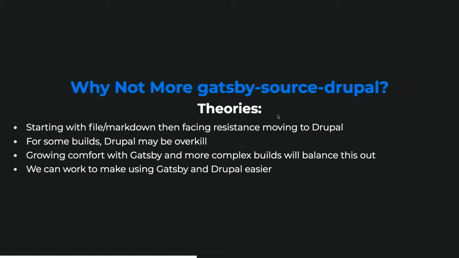So in general, I'm wondering why there aren't more concrete examples, more usage in the community. Some theories: people are going to start with tutorials that use Markdown. It's a simple, easy way to get up and running with a data source, and maybe they face some resistance trying to then move over to get data from Drupal. Or maybe they realize that Markdown is good enough.